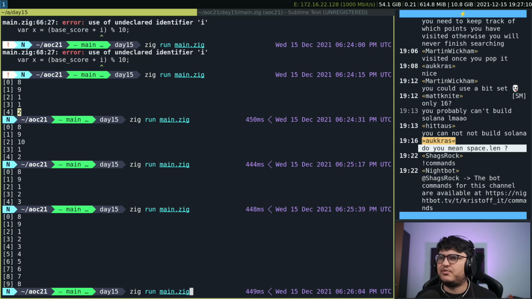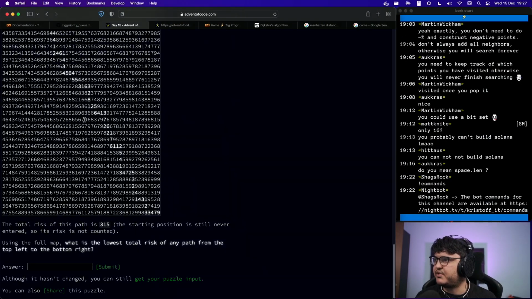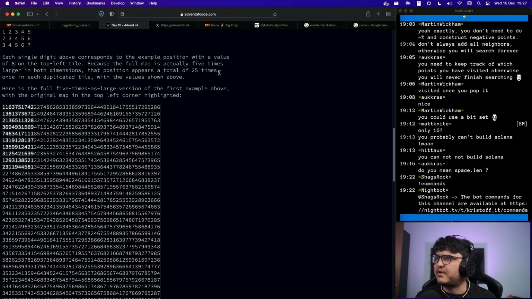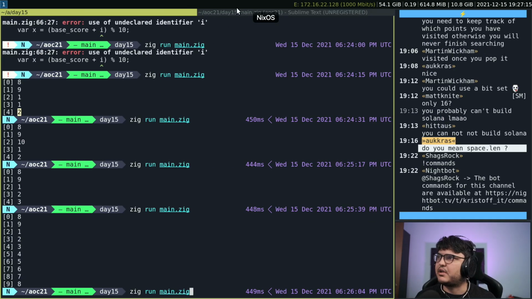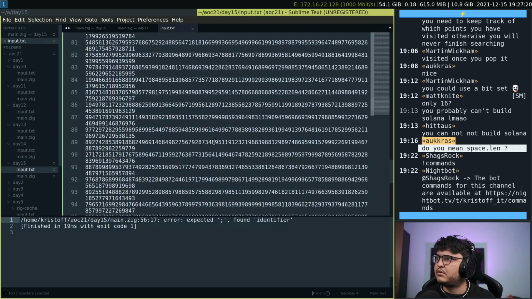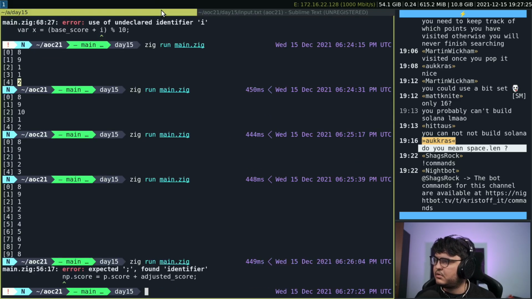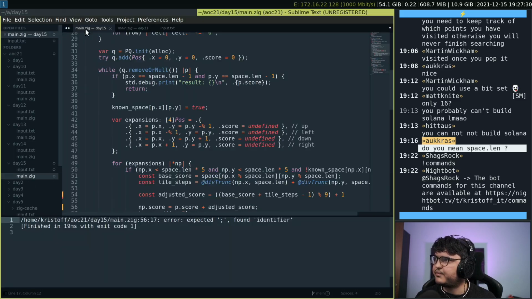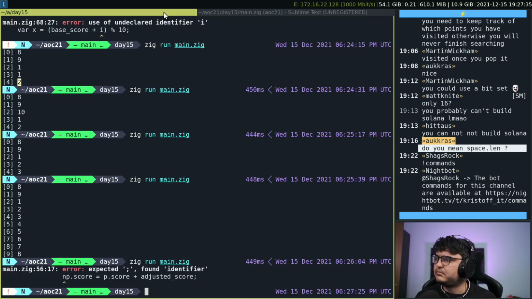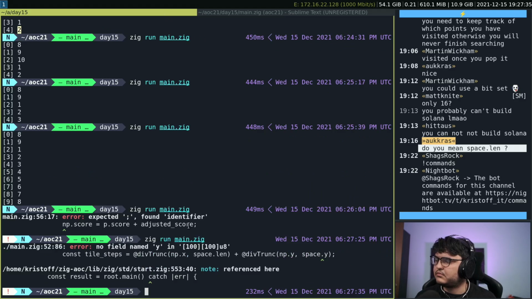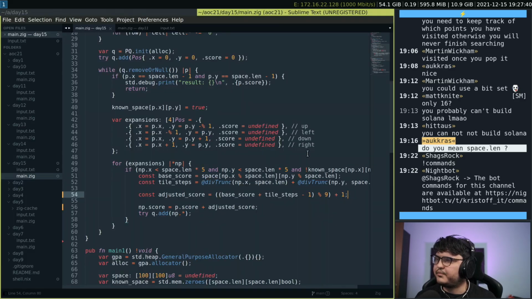Should I try it on the tiny input first? 315. Yeah, let's try it on the tiny input first. And let's make it compile also. No field name Y. What?